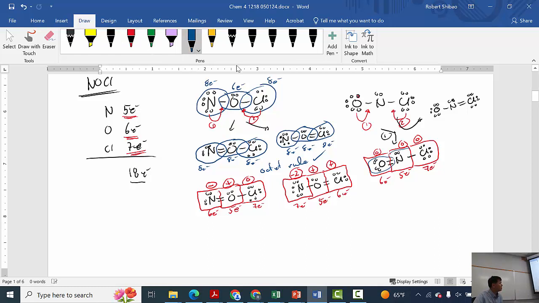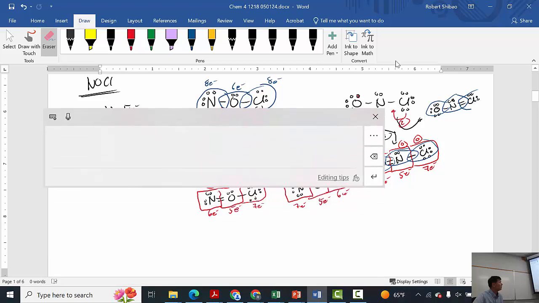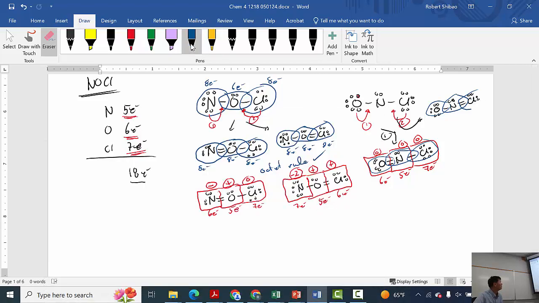We have an octet around oxygen, an octet around nitrogen, and an octet around chlorine. The octet rule is fine here. Oh, wait a minute. Is that an octet around chlorine? No, it's more than an octet, because I forgot to erase the lone pair here.